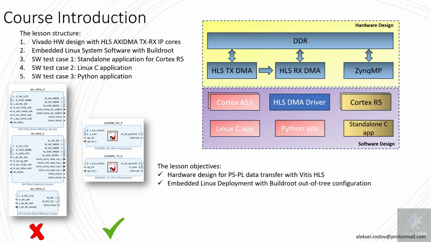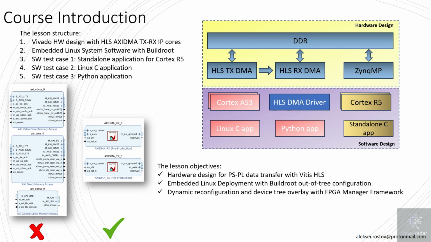Here I'm not going to state that Buildroot is much better than other tools like PetaLinux or Yocto. Each tool has its own advantages, drawbacks, and so on. I am using Buildroot, and I find this tool quite simple for building and deploying Linux for Zynq devices.